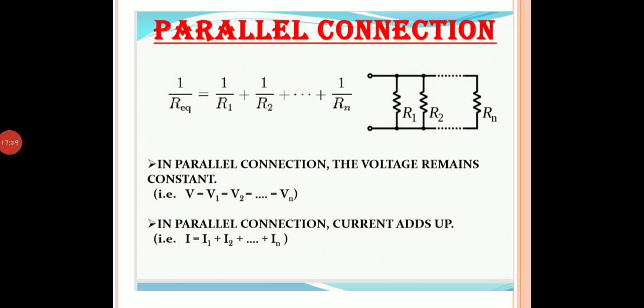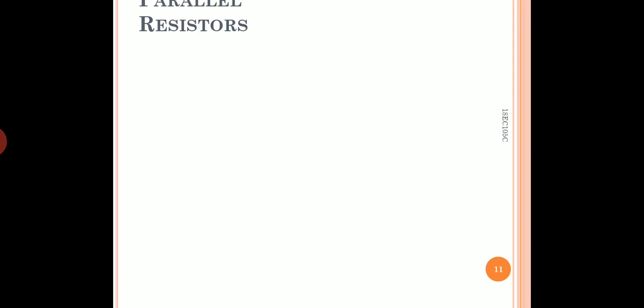So in parallel connection, the voltage remains constant across each resistor, whereas the current adds up. So the total current is equal to the sum of the current flowing in each branch.